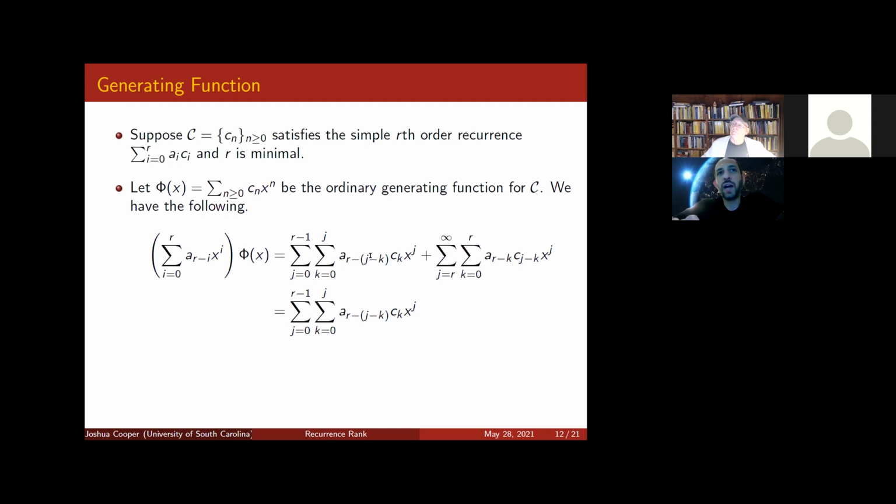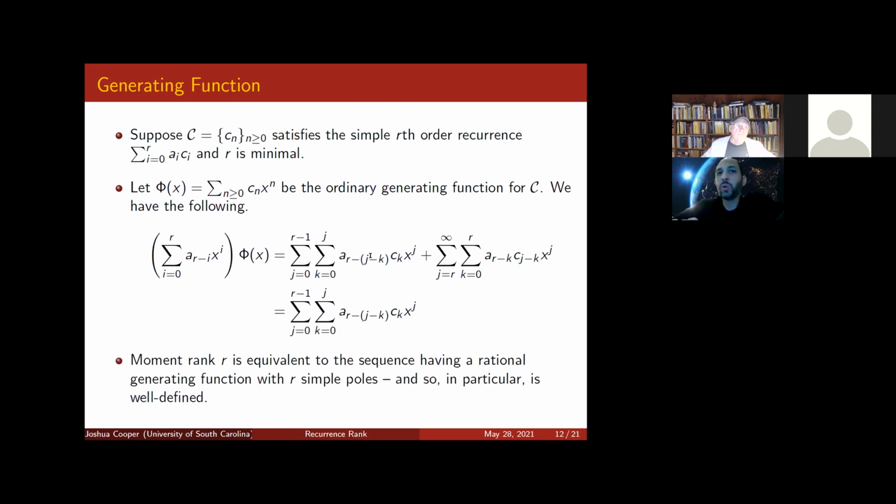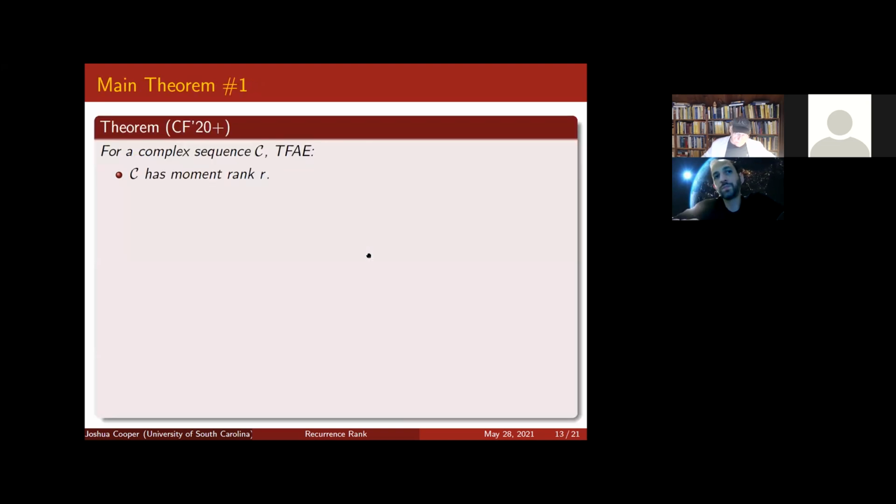So divide both sides by the polynomial on the left, and you get an expression for phi that's just some rational function. And so having moment rank R is equivalent to the sequence having a rational generating function with R simple poles. That's one way to see it's well defined, for example.